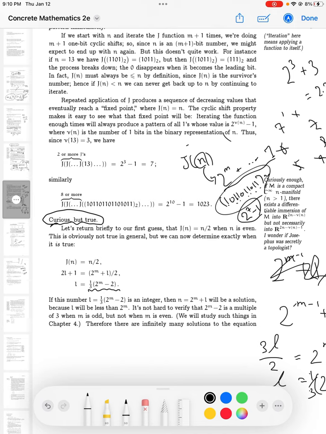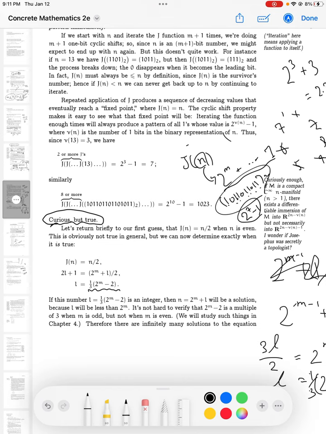Well, I have another question: why does l being less than 2 to the power of m make it a solution to the Josephus problem? That's something we can explore more. Maybe someone has the answer to this question, whoever is watching this video. But it's also something to explore for me.